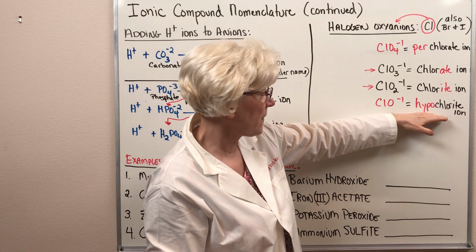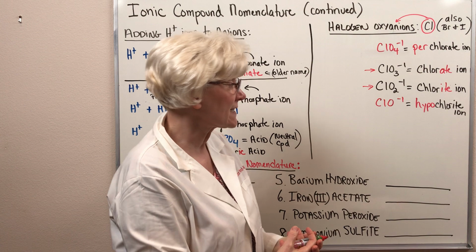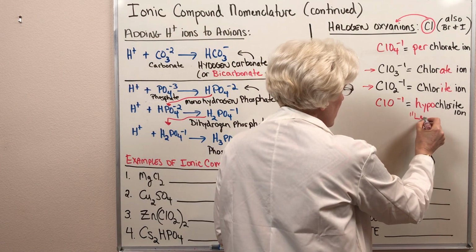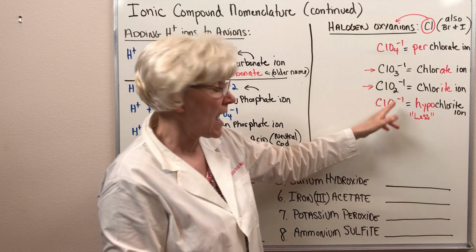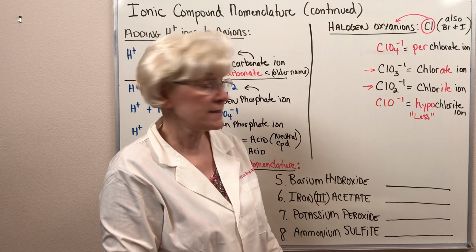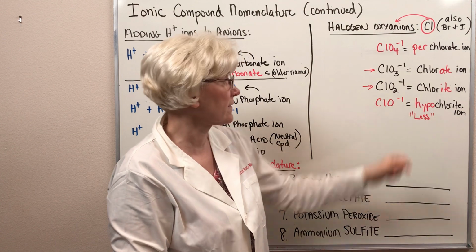And you see with my highlighting here, we are incorporating the prefix hypo, which means less. So hypochlorite has 1 less oxygen atom than chlorite does. Again, the prefix hypo meaning less.